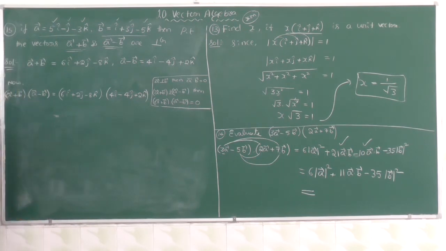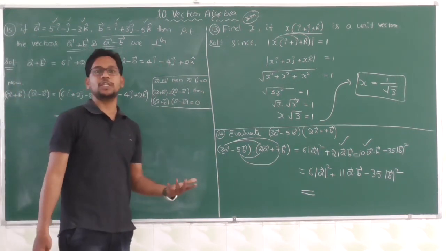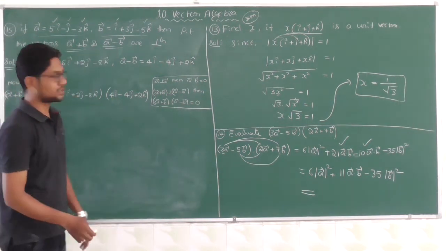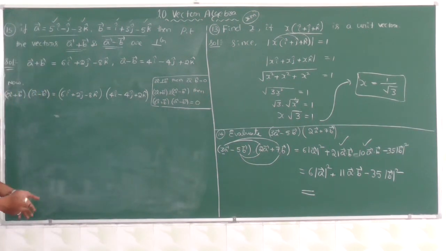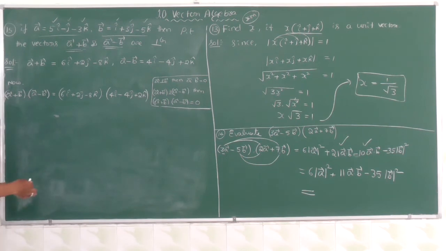That is the dot product. How do we find the dot product? You just multiply the corresponding components and add them. That is the dot product of two vectors. We have already learned this in our previous classes, and you also solved some problems regarding the dot product.